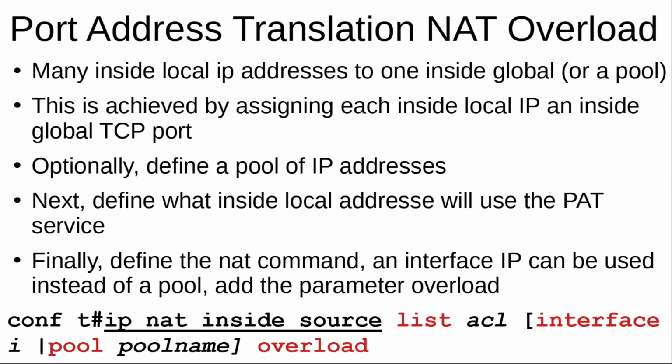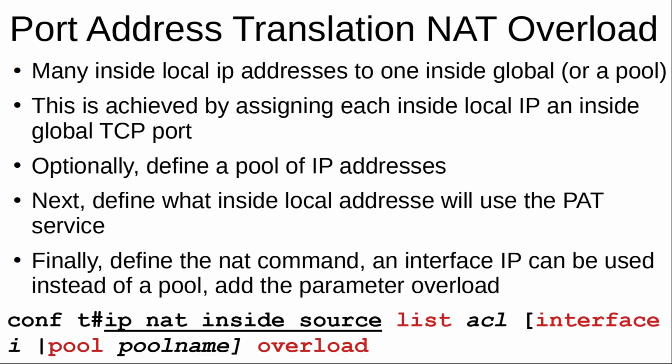So using a pool for PAT will provide internet access to thousands of private IP addresses. You might probably Google carrier grade NAT, and this is something that carriers do.